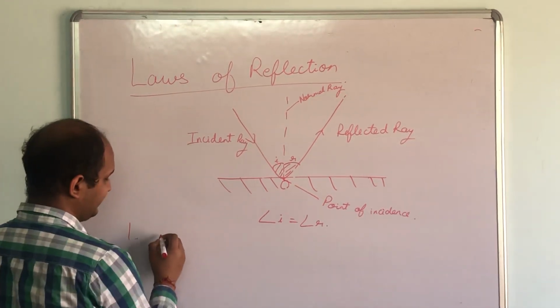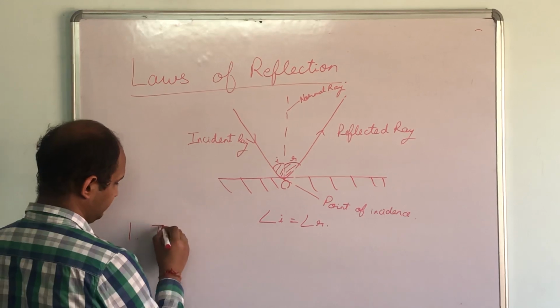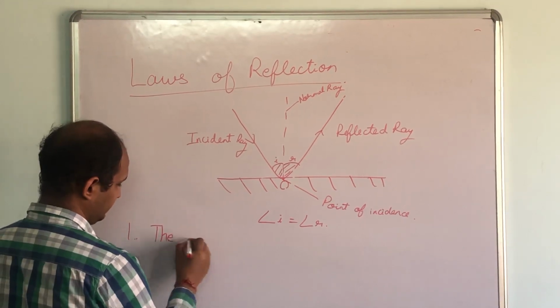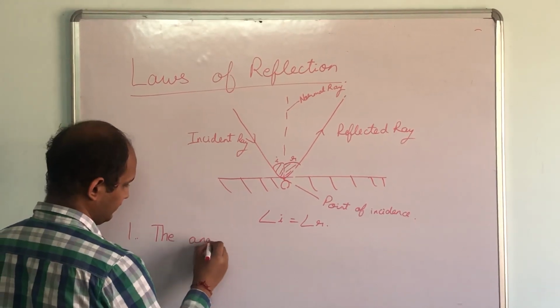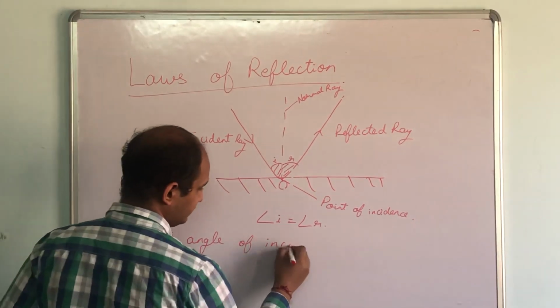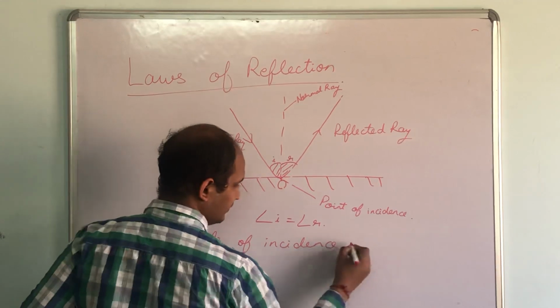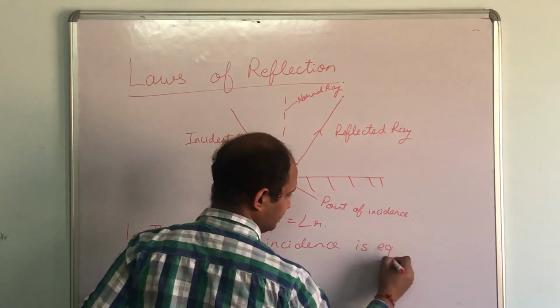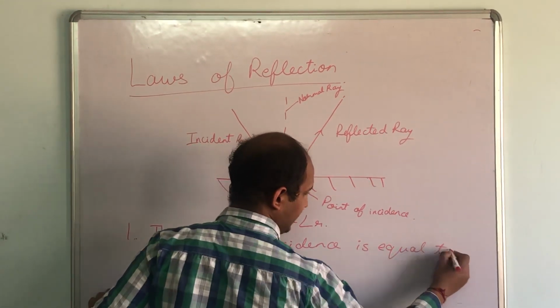The first law states that the angle of incidence is equal to the angle of reflection.